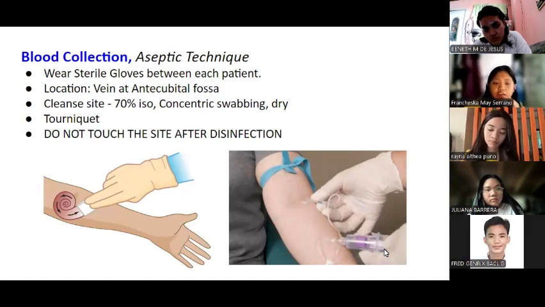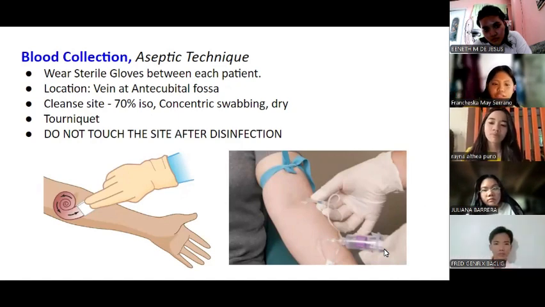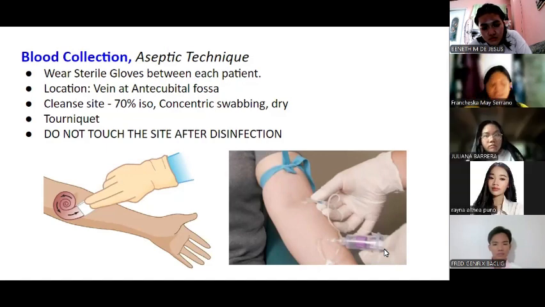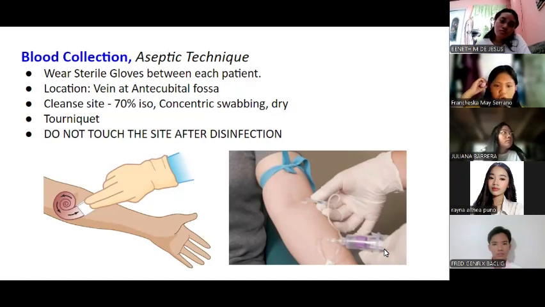Wear sterile gloves with each patient and practice hand hygiene. This is called the venipuncture procedure. The location is the vein at the antecubital fossa, here. Clean the site with 70% isopropyl alcohol in a concentric circular swabbing motion, then let it dry, and after it dries, do not touch the site.